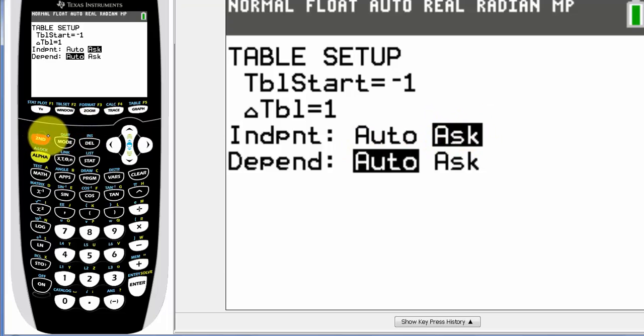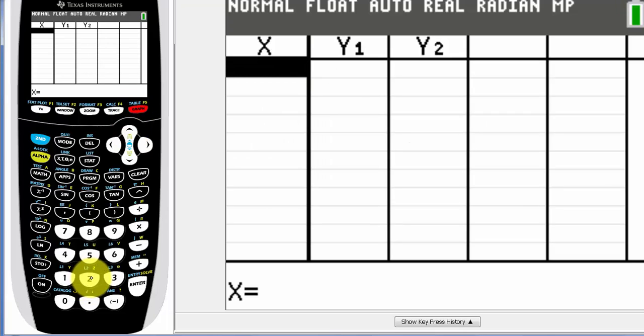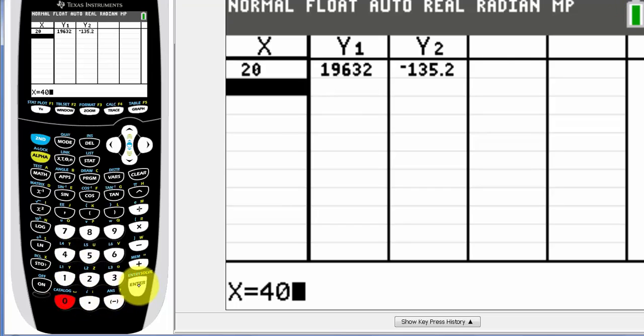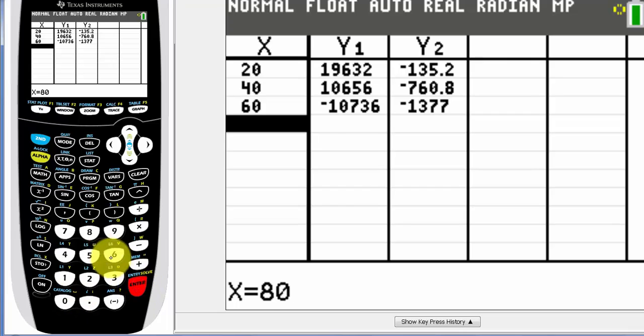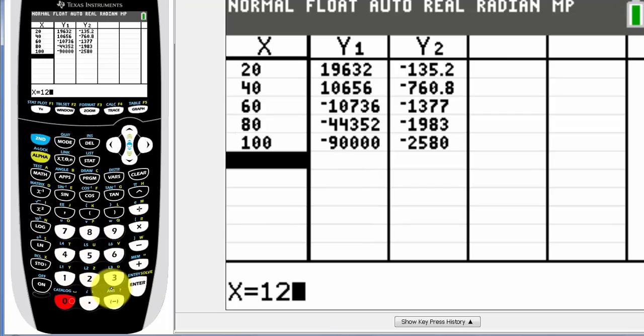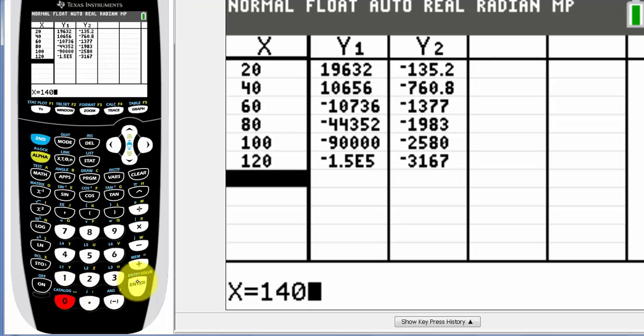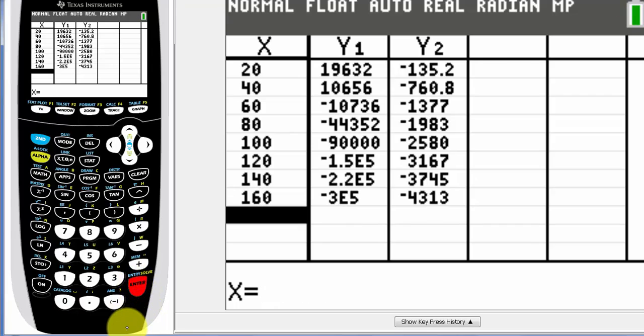And now I'm going to go in my table right here, and I'm going to enter 20, 40, 60, 80, 100, 120, 140, and 160 right here. All right, I should not have plotted y1. Here are the values that I will enter in my table, okay?